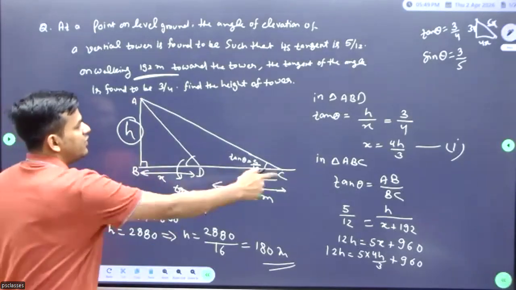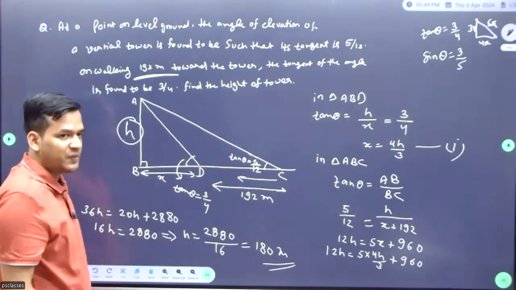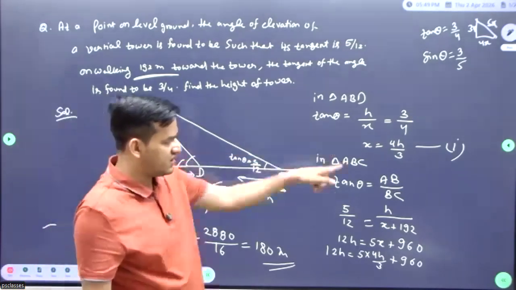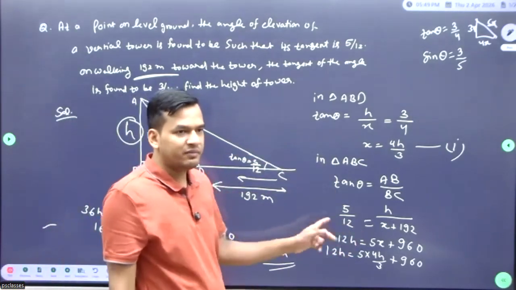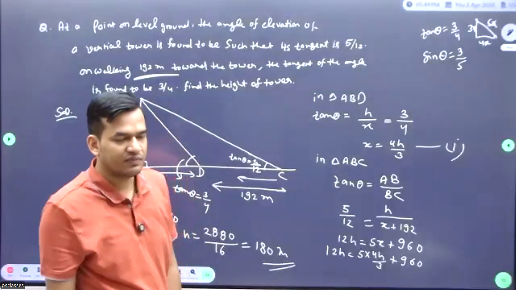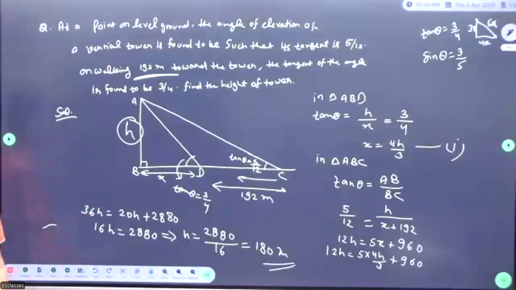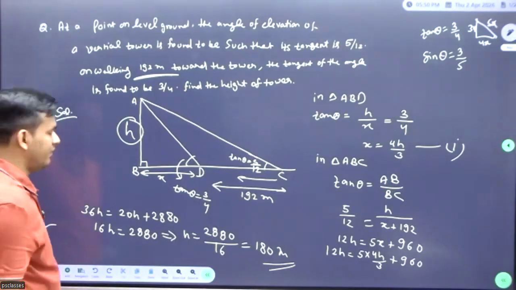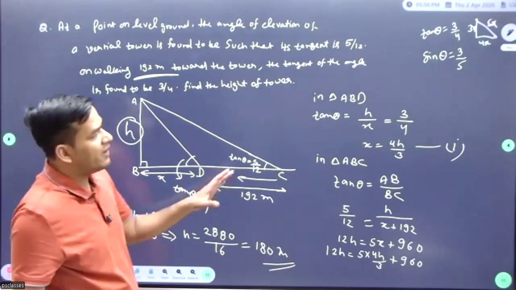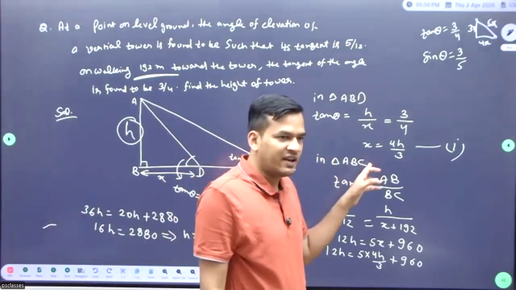From the triangle ABC also, you will get one more relation between h and x. By solving these two relations, you will get the value of x and h. If you take only one triangle, then you will get a single relation.